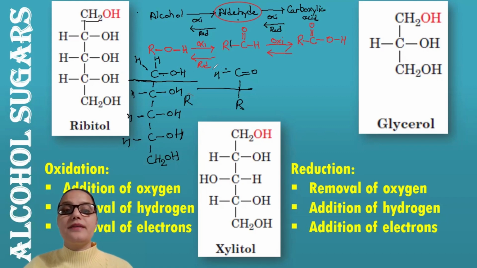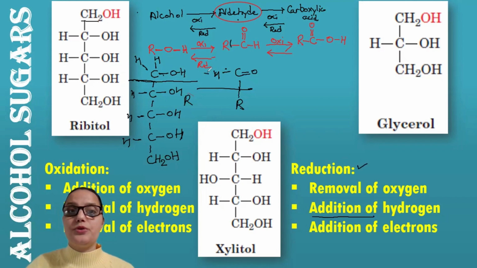Then over here, there was just one hydrogen. Now over here, it is associated with two hydrogens, right? So there is addition of one extra hydrogen atom over here. This we can just see in a very simplified manner. Addition of hydrogen means reduction.